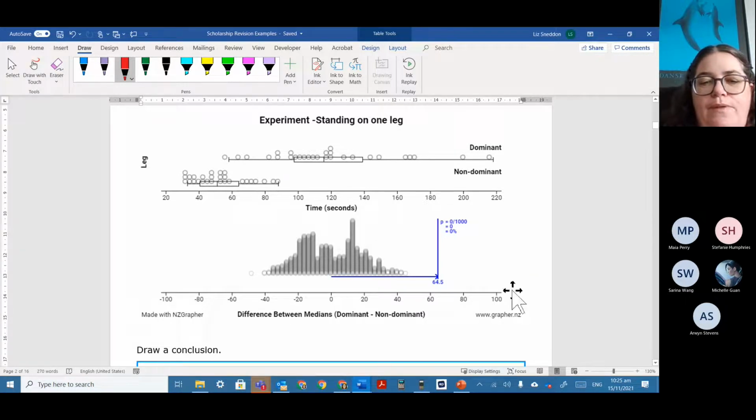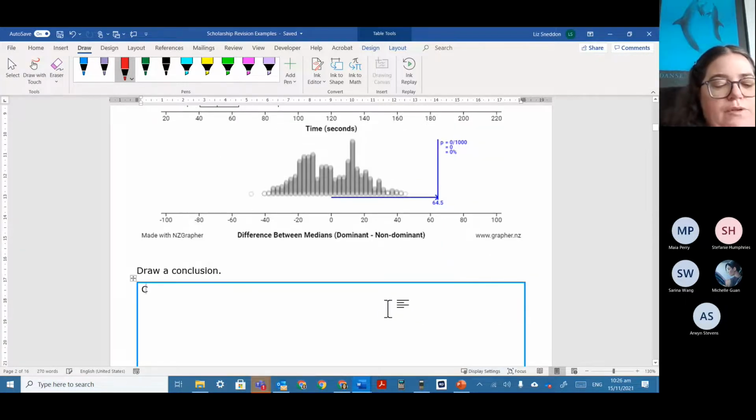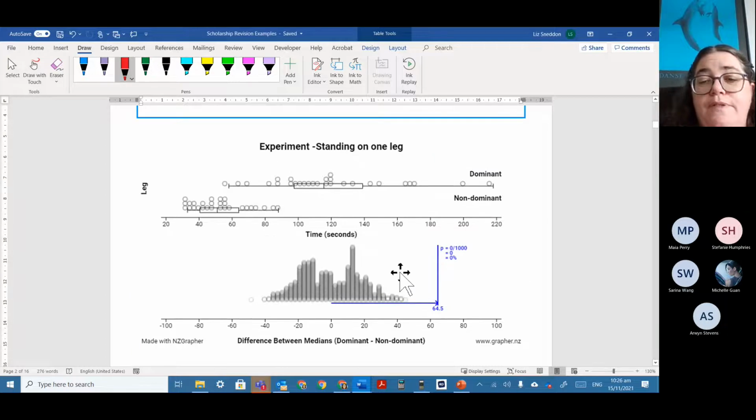So the key thing with the experiment is we want to compare the results to random chance. So we want to say, well, how likely is it? So this difference that we got here of 64.5, and you'll see there's my 64.5, that's the difference in the medians.